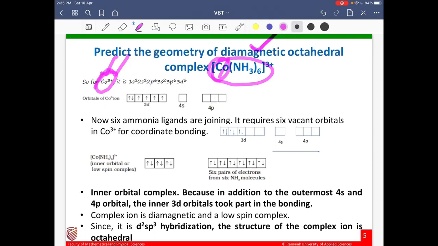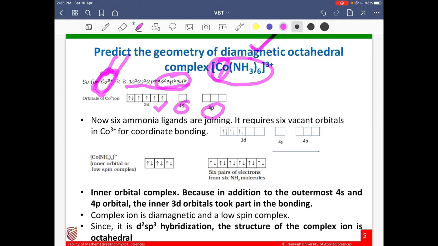But here the charge of the cobalt ion is 3+, so 3 electrons should be removed from the cobalt atom, and the new electronic configuration of this ion will be 1s2, 2s2, 2p6, 3s2, 3p6, and 3d6. If we arrange these electrons in the respective orbitals, we will get 6 electrons in 3d, and 4s and 4p are vacant.